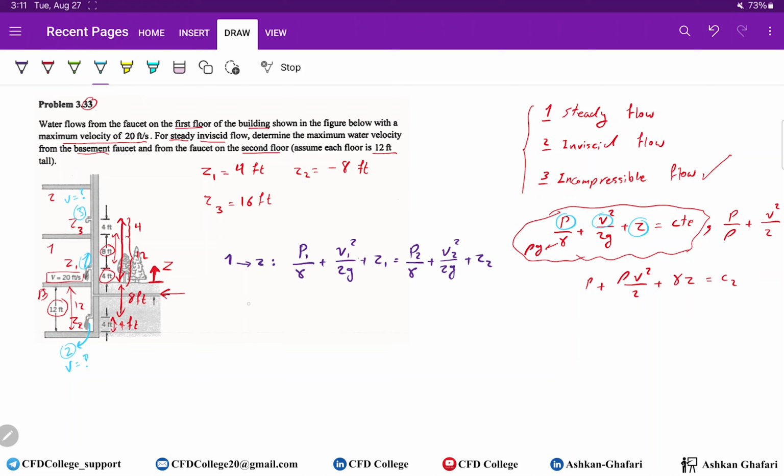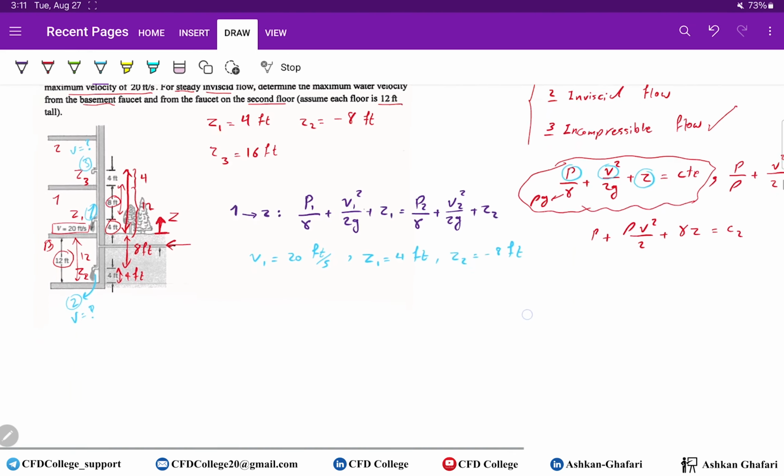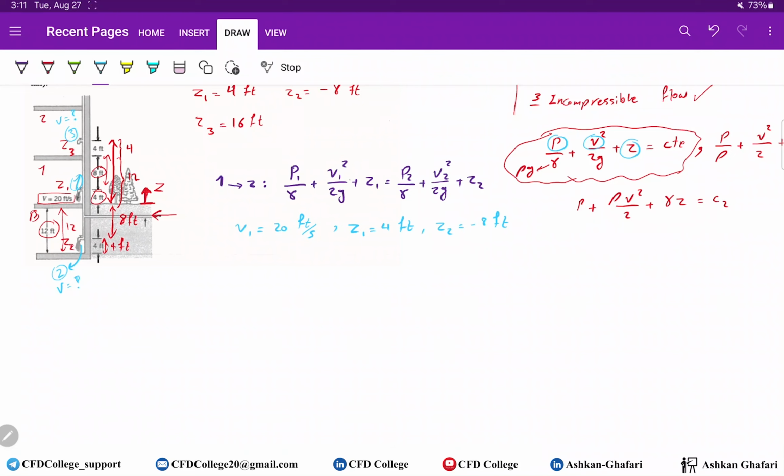We know that V1 is 20 feet per second, Z1 is 4 feet, Z2 is minus 8 feet, and P1 at point 1 and point 2 at the exit, we have atmosphere, so we have atmospheric pressure.